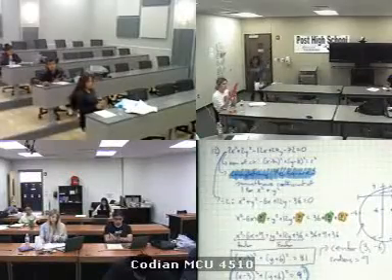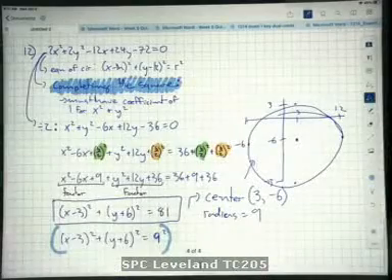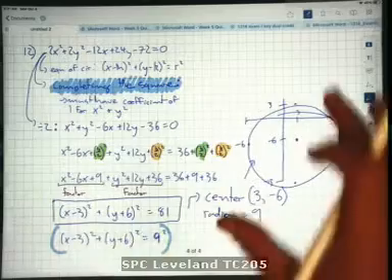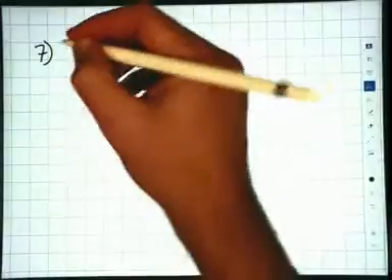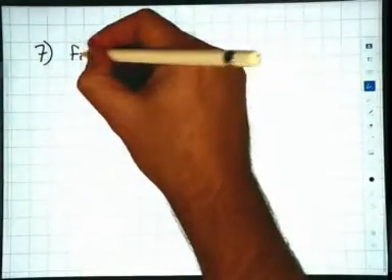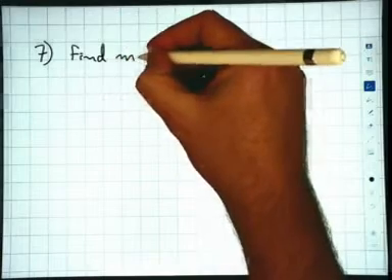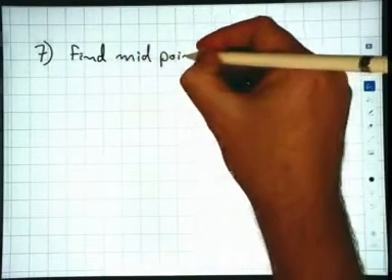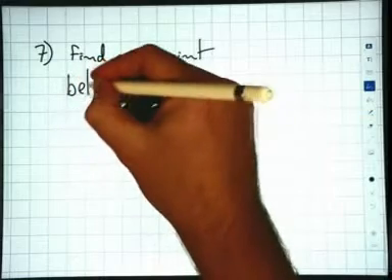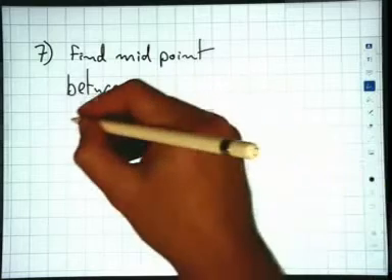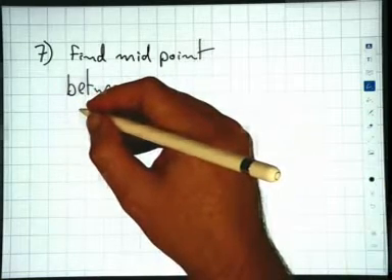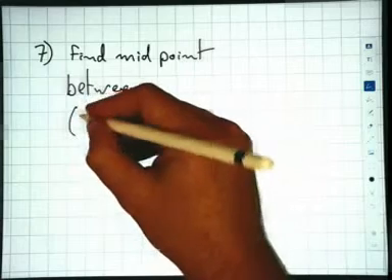Can you do number 7? 7. We want to find the midpoint between, so very similar to, I guess it's problem 4 that we did.